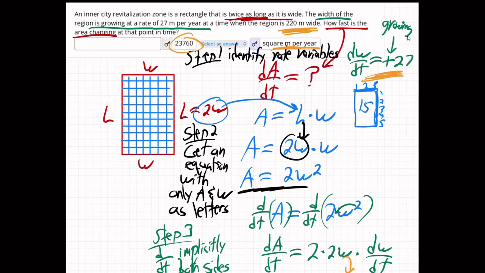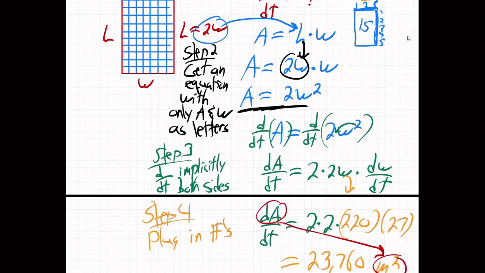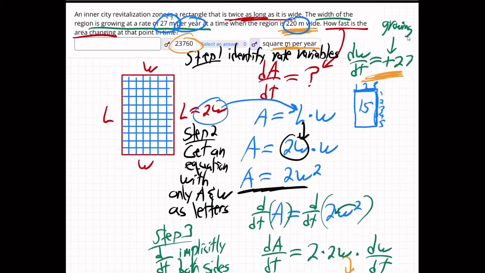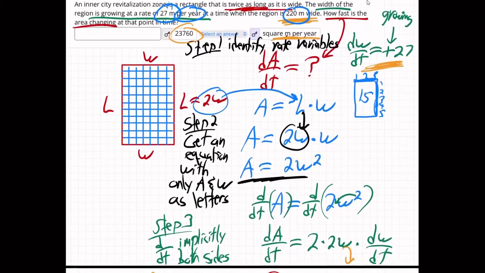So the area is how many actual squares, square meters, meters by meters. We knew the length was in meters. So the area is square meters and it's per year. How do we know? Well, it said per year as time, and this is area per time. So square meters per year. And so there we go.